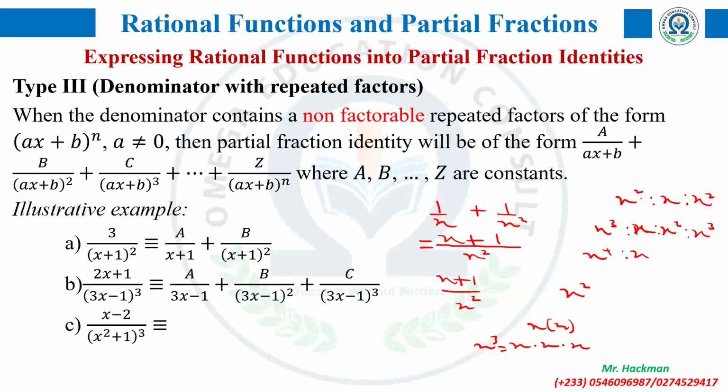So if your repeated factor's power is 2, it means you are going to get 2 fractions. If the power is 3, the maximum number of fractions that you can get will be 3. If the power is 4, the number of fractions maximum you can get is what? Is 4. Is my point well made now? Yes, please.